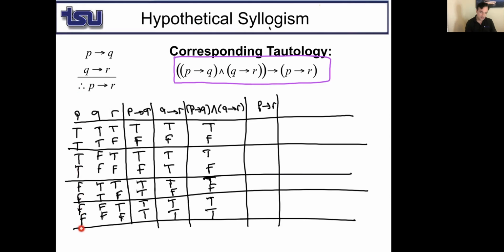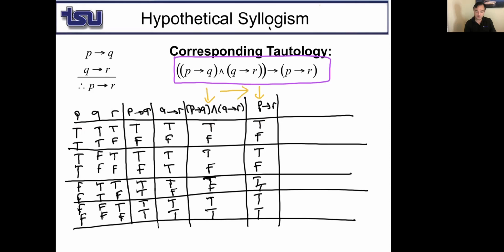Well, this is P, this is R. True is the premise, true is the conclusion. So this will be true, false, true, false, and then true, true, true, true. Okay. And then for the last one, get this column and this column and use the conditional connective.